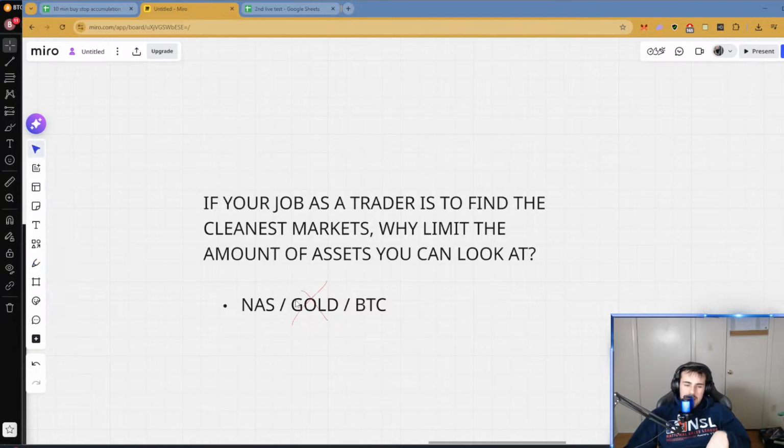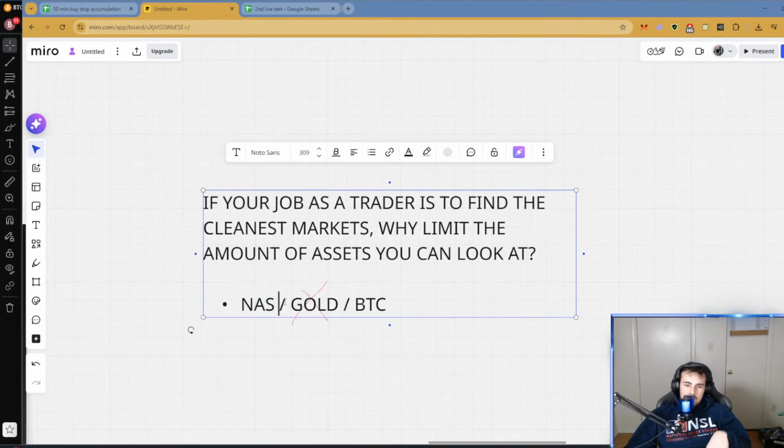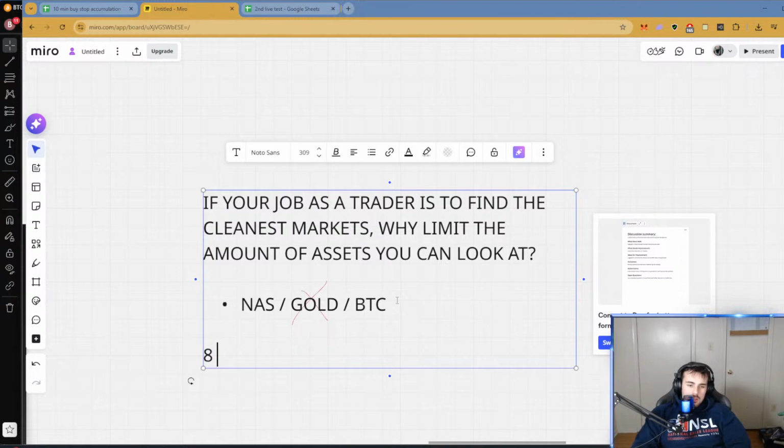Because when these assets turn unclear, does that mean every other asset is unclear? There's 10,000 assets. Over 10,000 assets.